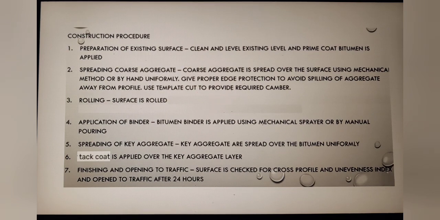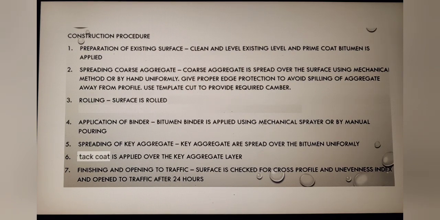Then the fifth step is spreading of the key aggregate. Key aggregate is spread over the bitumen uniformly. Then the tack coat is applied over the key aggregate. After spreading the key aggregate, we are providing the surface course.